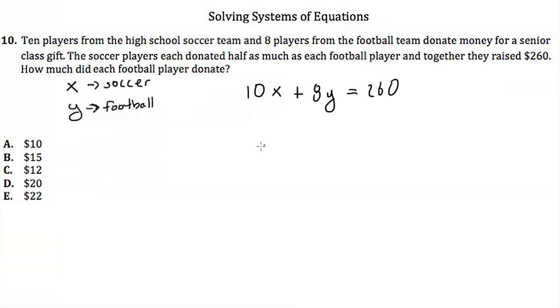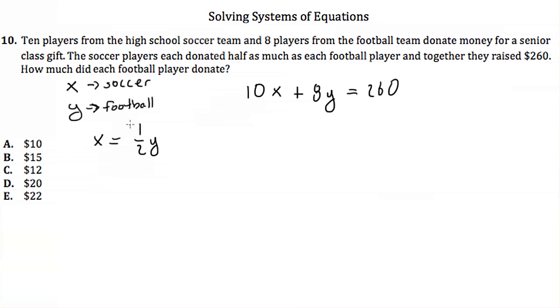So we have one equation. We also know that the soccer players donated half as much as each football player. So X has to be equal to 1/2 Y. If I take the amount that the football players donated and cut it in half, I'll find the amount that the soccer players donated. So now I have my second equation, X is equal to 1/2 Y.